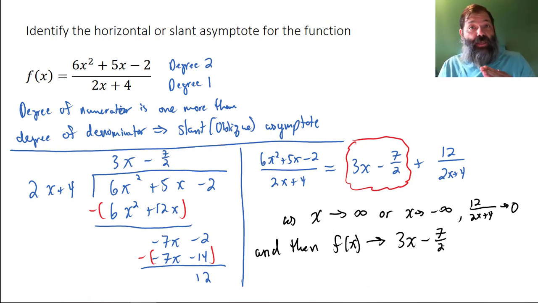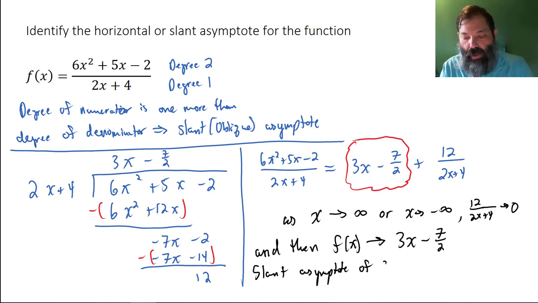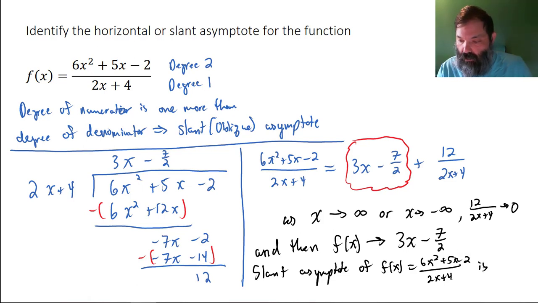And that is a linear function, and we call it the slant asymptote. So the slant asymptote of f of x equals (6x squared plus 5x minus 2) over (2x plus 4) is 3x minus 7 over 2.